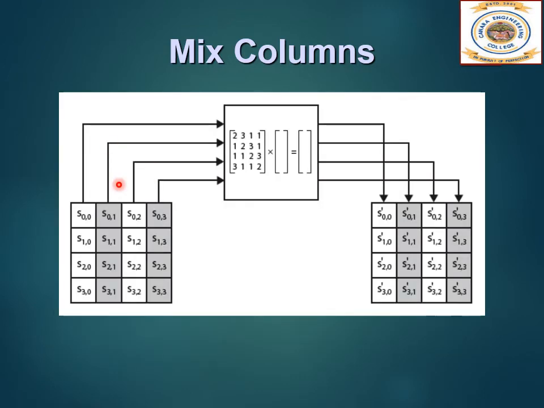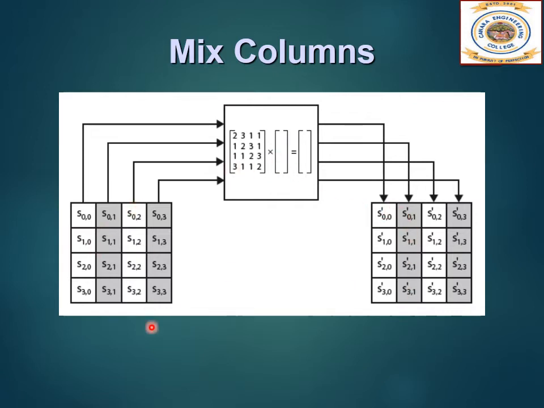The same thing I explained is depicted over here. This is the state array that is input to the mix column, and this is the output of the mix column. The first column is taken and multiplied by this fixed 4x4 matrix, and we get the first column. Then we take the second column, multiply with this fixed 4x4 matrix, and get the second column.